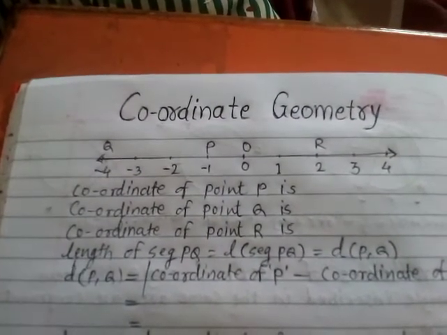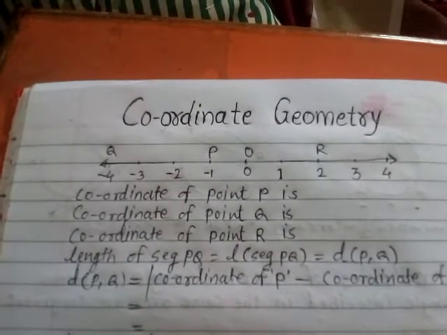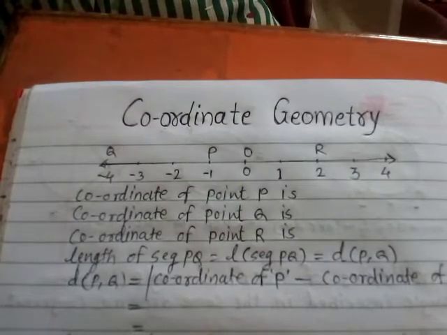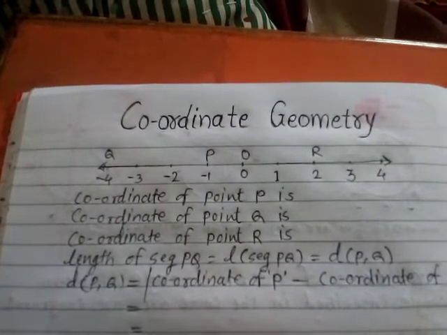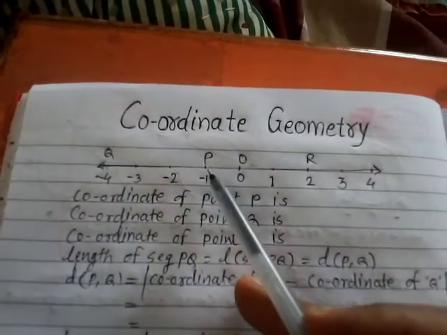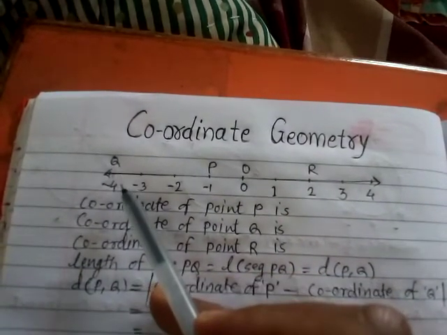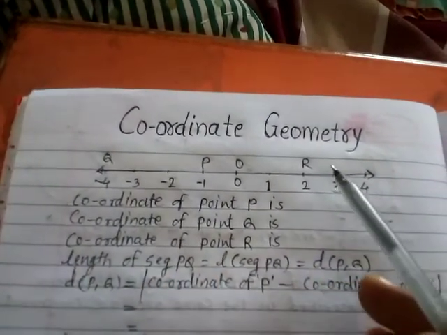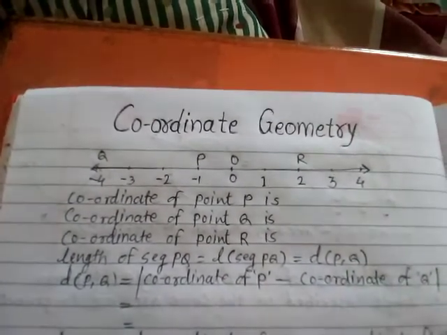In a given number line, there are points O, P, Q, and R, and each corresponds to a number. Point P corresponds to -1, point Q corresponds to -4, and point R corresponds to 2.